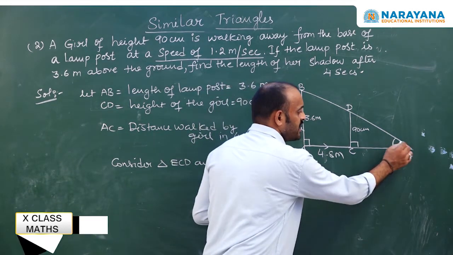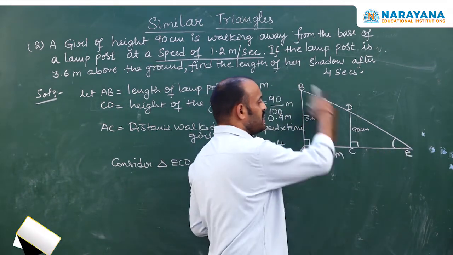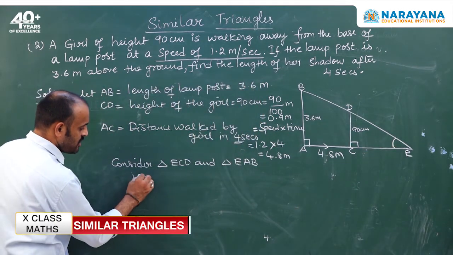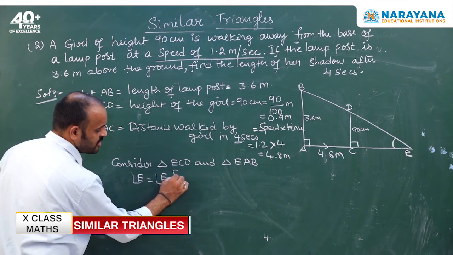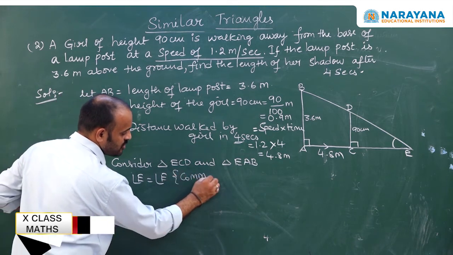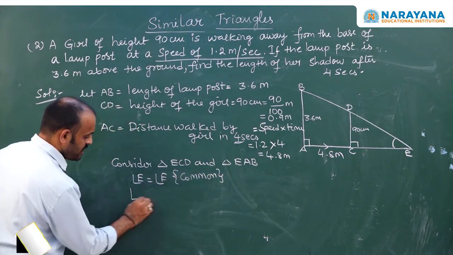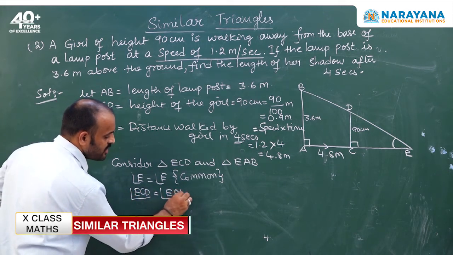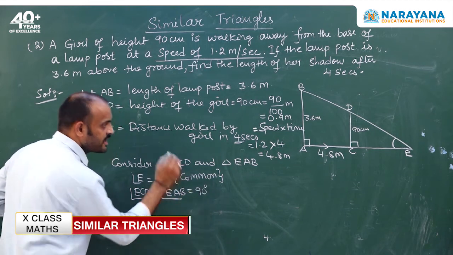If you observe, in triangle ECD and in triangle EAB, angle E is common. Angle E is equal to angle E, common, and angle ECD is equal to angle EAB, which is 90 degrees.